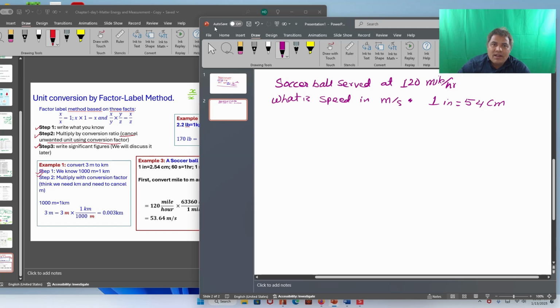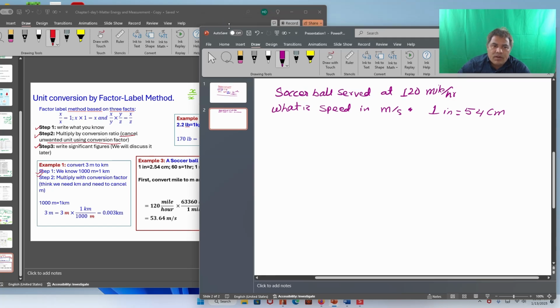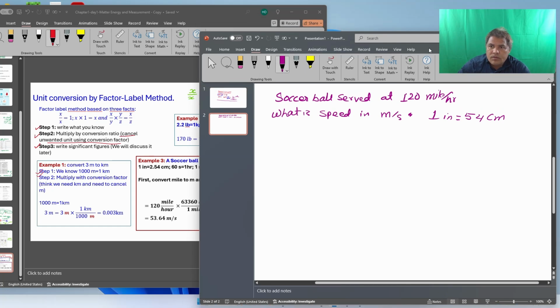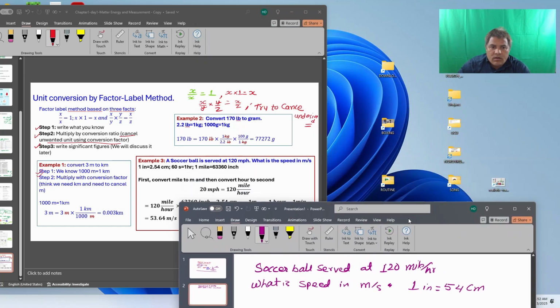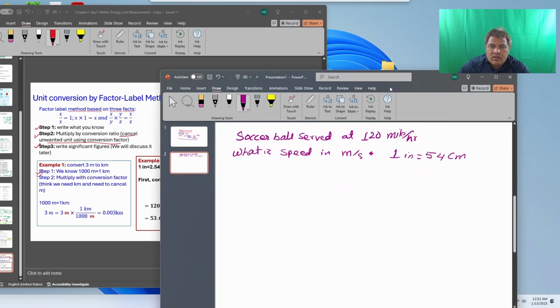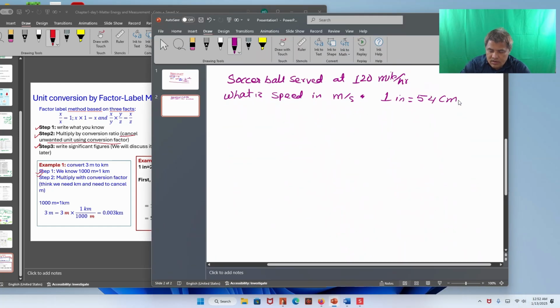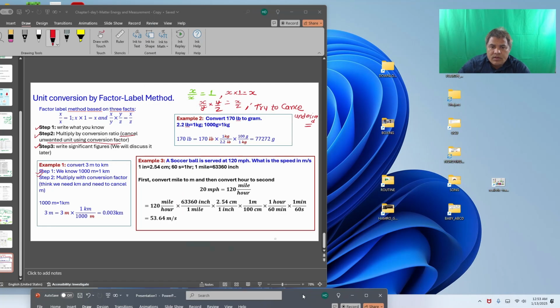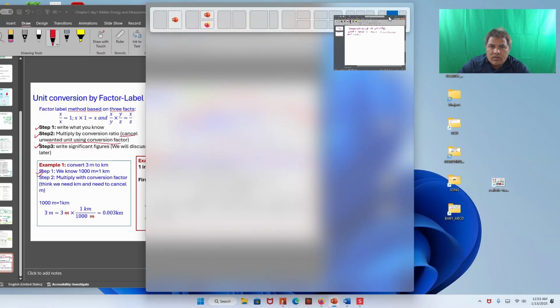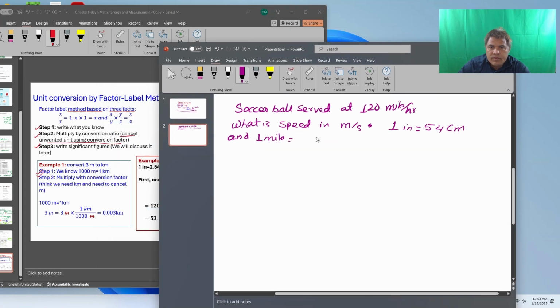Because it's mile, we will use that, and 1 mile equals 63360 inch.